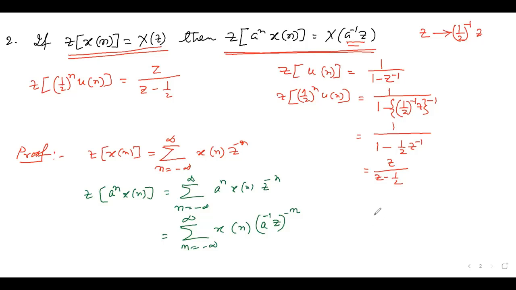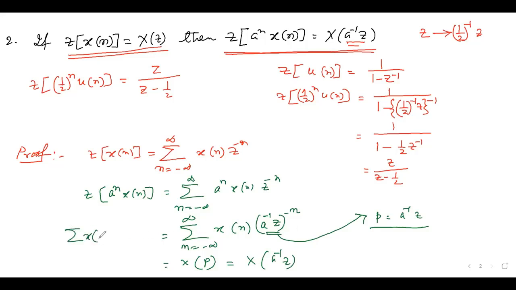So if you pick this as p equal to a inverse z, this is basically x[n] p to the power minus n.